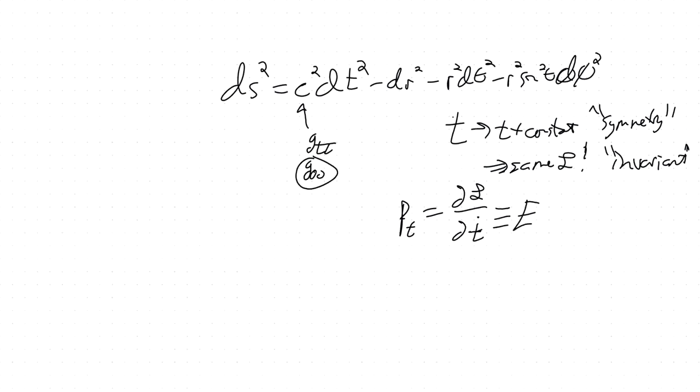So what is it? What we need to do is say, okay, in terms of the Lagrangian here, the only term that has t dot in it, the t term of the Lagrangian, is m over 2 g_tt times t dot squared.